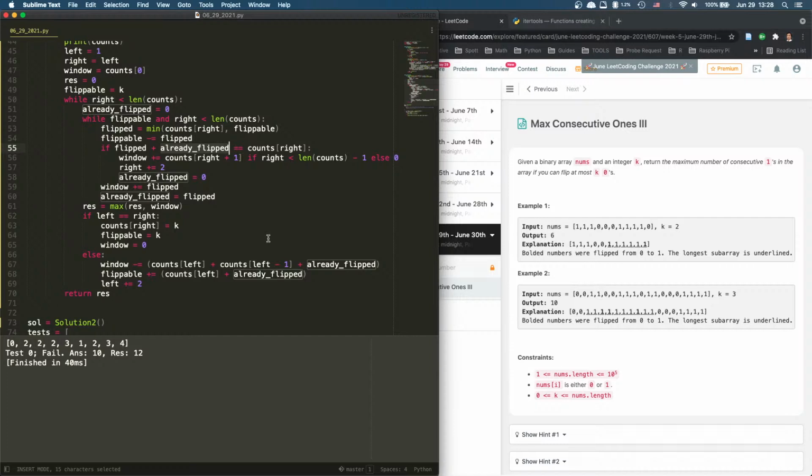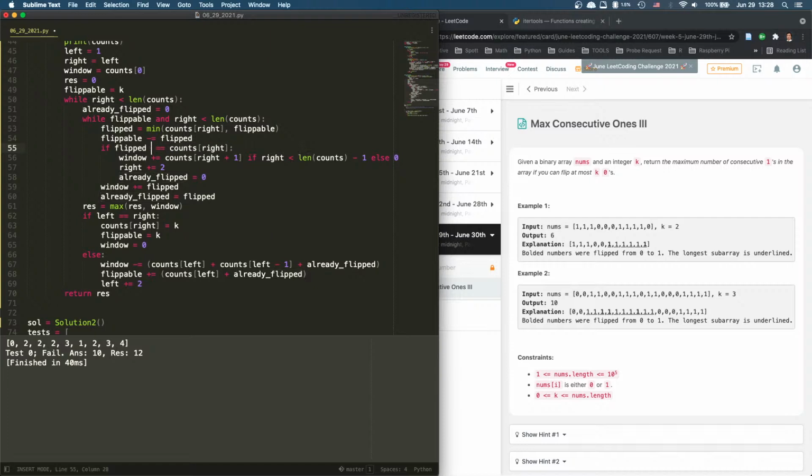If flipped equals this, then already flipped is 0. Window plus equal to flipped, and already flipped equals this.